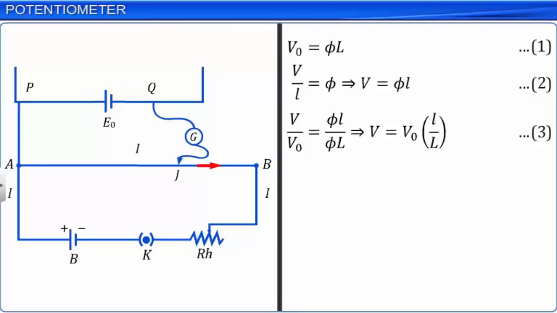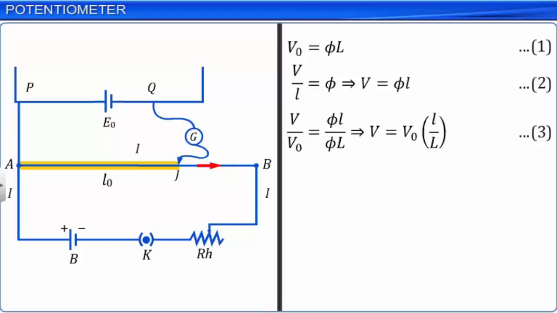Note that there is no current passing through the cell when the circuit is balanced. Hence, the EMF of the cell is equal to the potential difference across its terminals. In this case, we get E naught is equal to phi into L naught. Let this be equation 4.